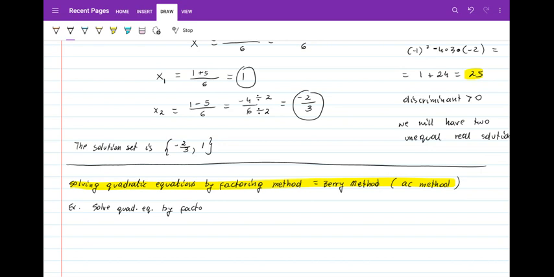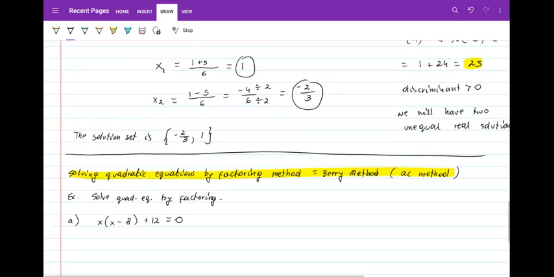And the first one, I have x times x minus 8 plus 12 equals 0.